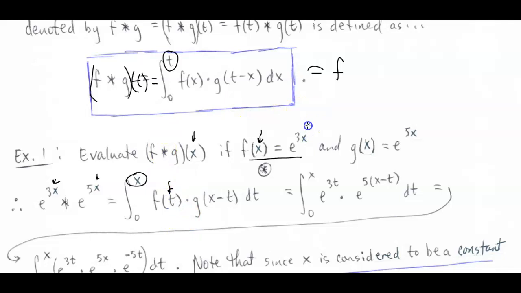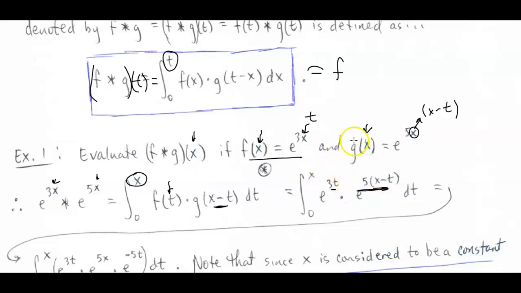So here we're going to replace x with just t. Same deal here. Wherever we see x here, we're going to replace it with x minus t. So here, in place of x, we have x minus t. And so that's why you see that whenever we plug this into the formula for convolution, it looks this way.